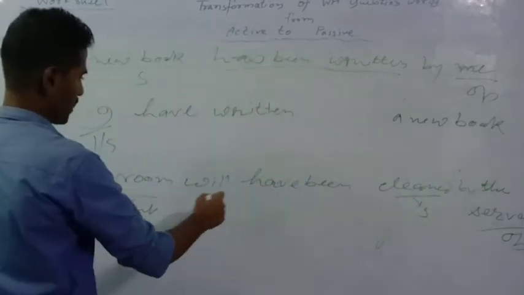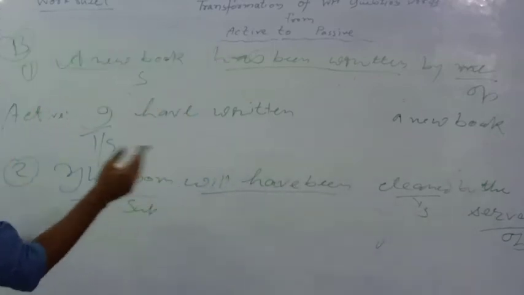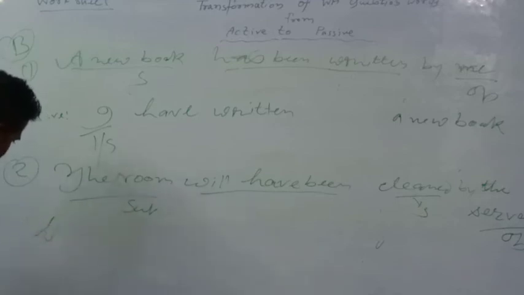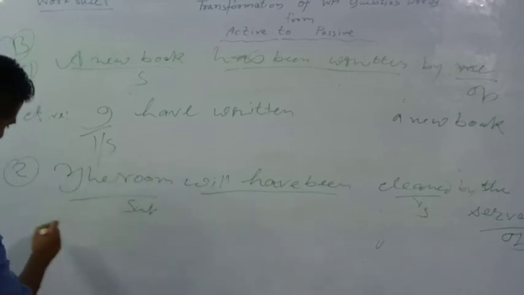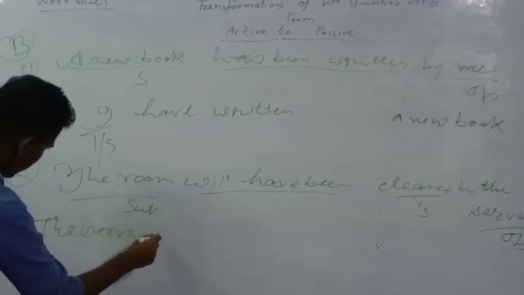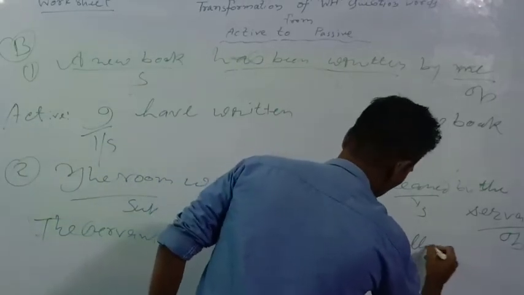Here, since passive, will have been is there. Now the servant, this object will come into the new subject place. The servant. The room will become the new object.